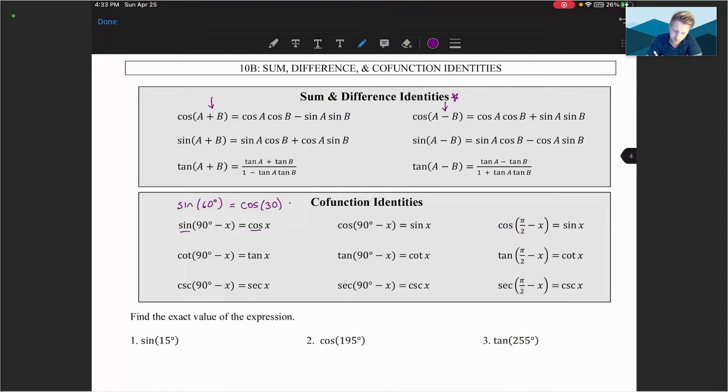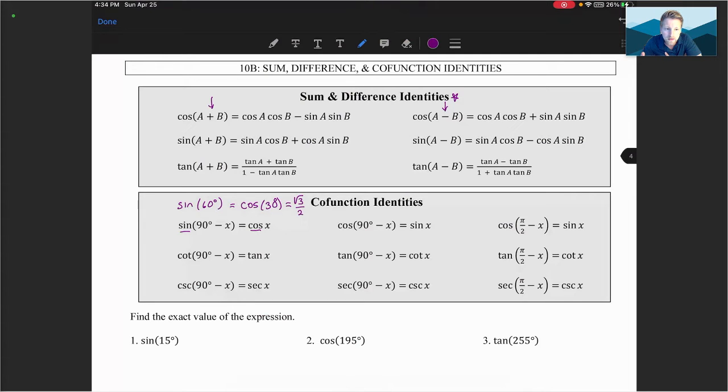Both of these are equal to root 3 over 2. That's just one example of that cofunction property. Cotangent and tangent are cofunctions, and cosecant and secant are cofunctions. So keep those in mind as more identities that we can work with.